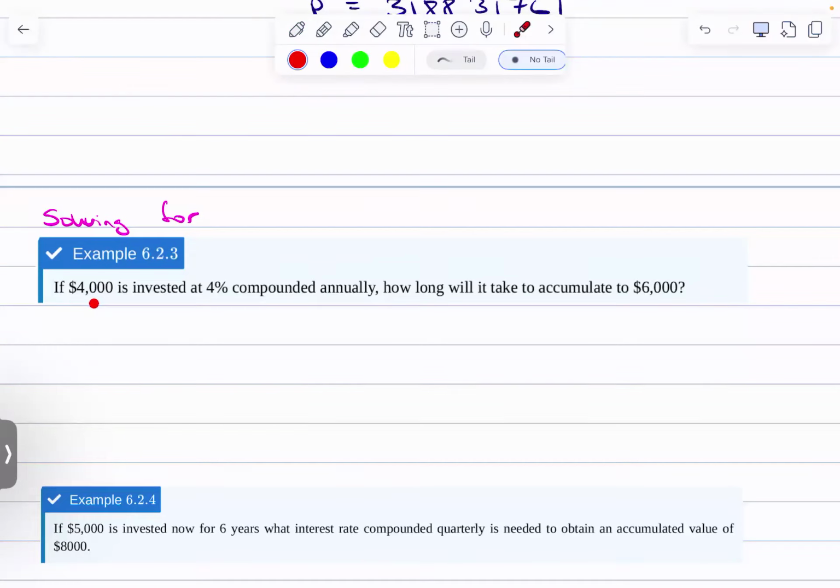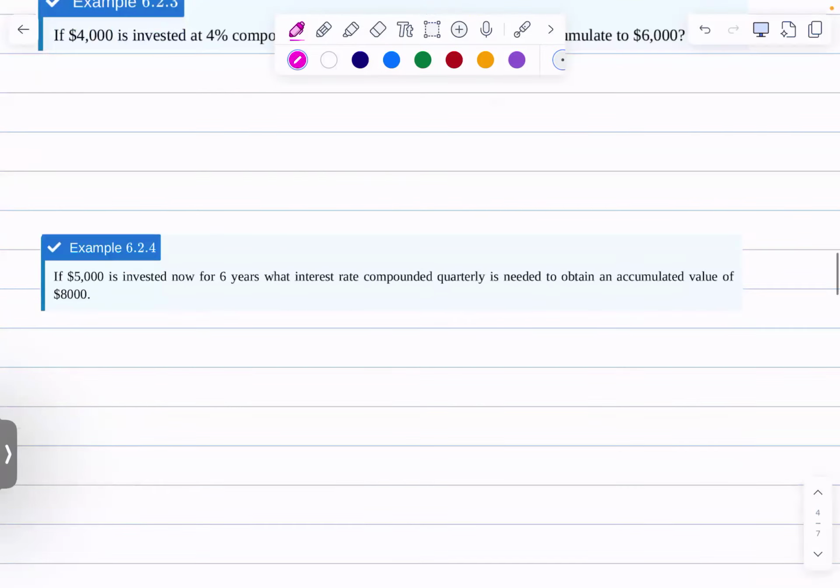If $4,000 is invested at 4% compounded annually, how long will it take to accumulate to $6,000? So we want to find T.